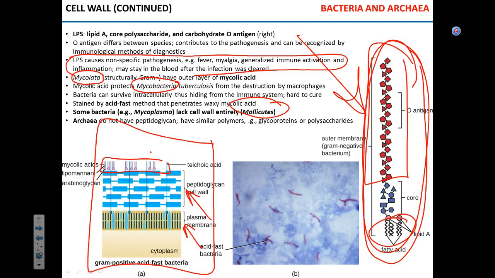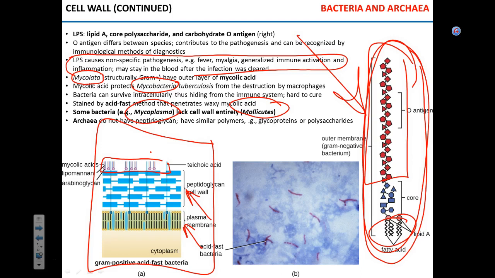I tell you, you absolutely must know the difference between gram-positive and gram-negative in the terms that we just discussed. You must know that if I ask you, what's the difference between mycolata or mycobacteria versus gram-positives? They are basically gram-positives, but have a layer of mycolic acid outside. Does that make sense? And for mycoplasma, you have to know mycoplasma does not have a cell wall.